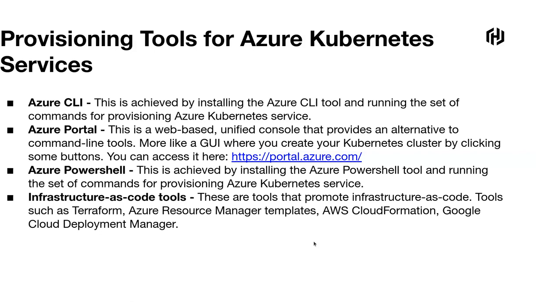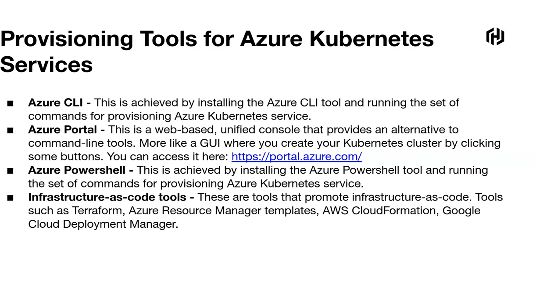And then you have infrastructure as code tools. That's where you have Terraform, Azure Resource Manager templates, and AWS CloudFormation. All these are infrastructure as code tools, but for Azure Kubernetes Service, you'll be looking at Azure Resource Manager, Terraform, and a few other tools.